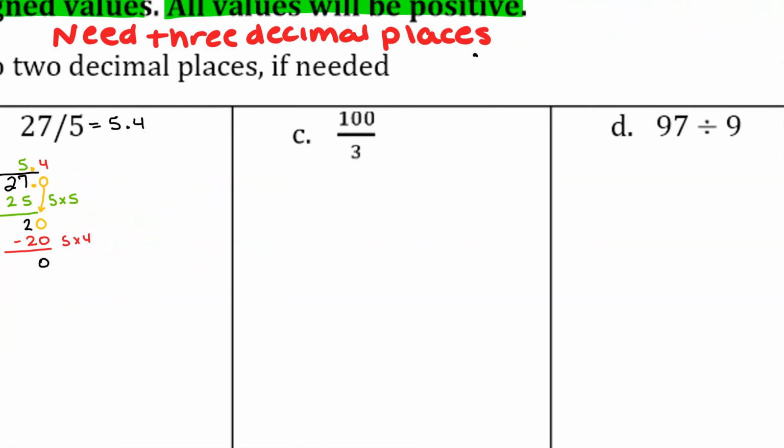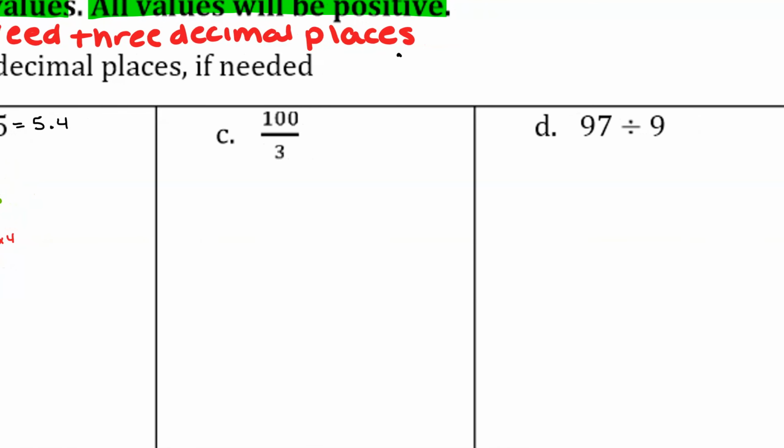Let's try another one. 100 divided by 3. What do I need to times 3 by to get close to 10? So 3 times 3 makes 9.